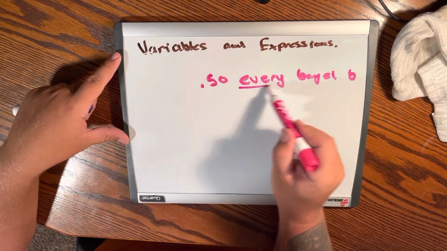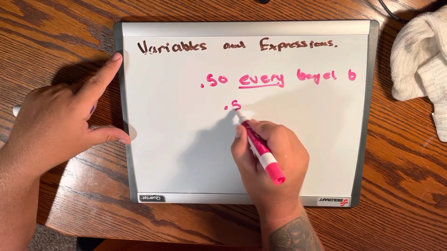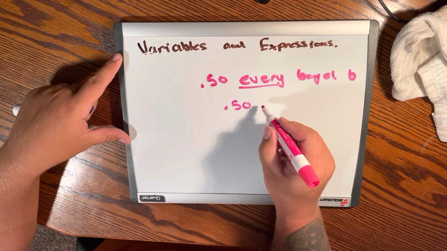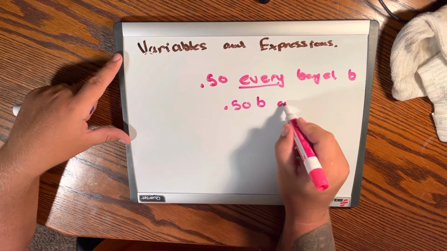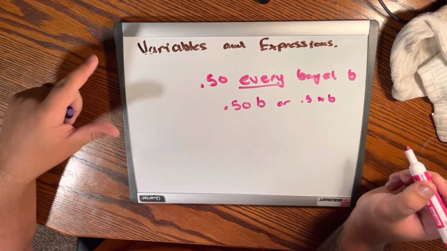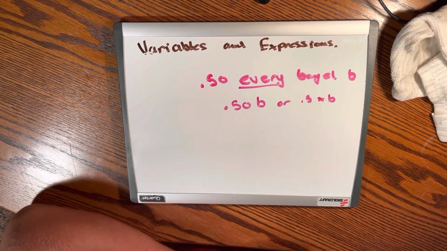Because for every bagel you buy, it's 50 cents. So we're going to represent this as 50, or 0.50, times B, or 0.5 times B, and so forth. Okay, so when you have these word problems, make sure you're listening and reading what they say, okay? Because every word has an important thing that they want you to do, right?